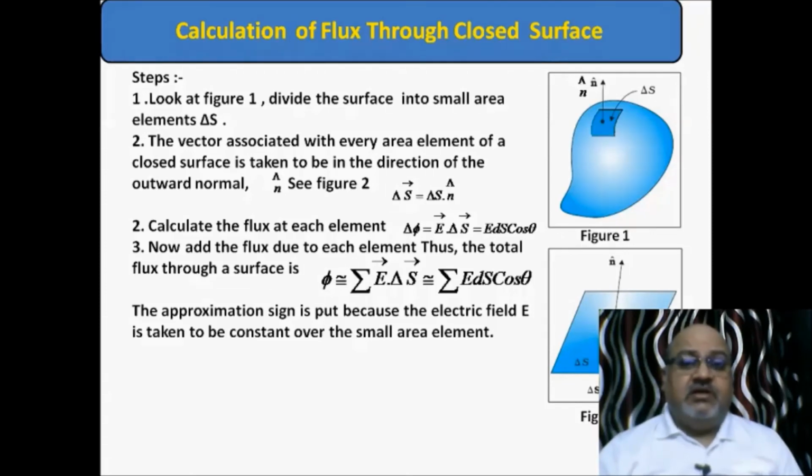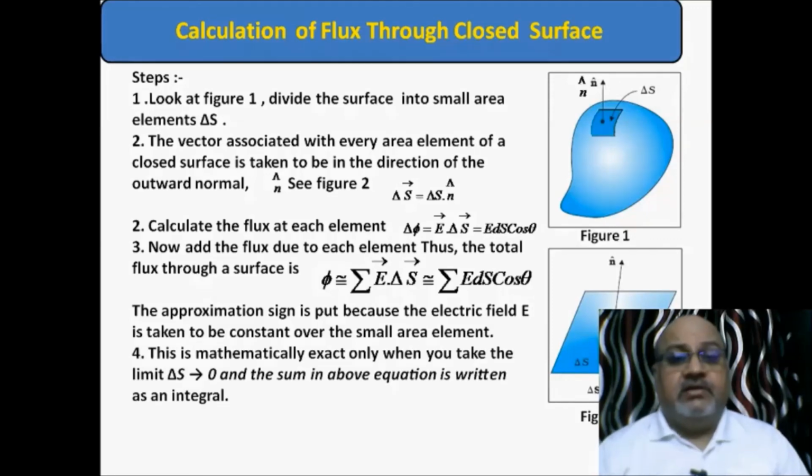You imagine it, direction will be different. But we have taken E constant for that particular small segment only. So that's why we can't say confidently that phi is summation E dot dS. Phi is summation of vector E dot vector dS. This is approximate. So how can we calculate exactly?